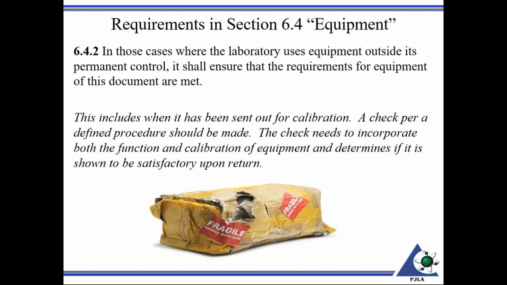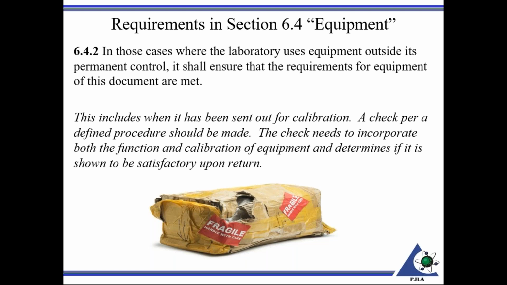6.4.2, in cases where the lab uses equipment outside its permanent control, it shall ensure that the requirements of this document are met for that equipment. Things like accuracy, things like traceability, that's being maintained. One thing I like to bring to light here, and I do quite a few assessments, our equipment always stays in our control.